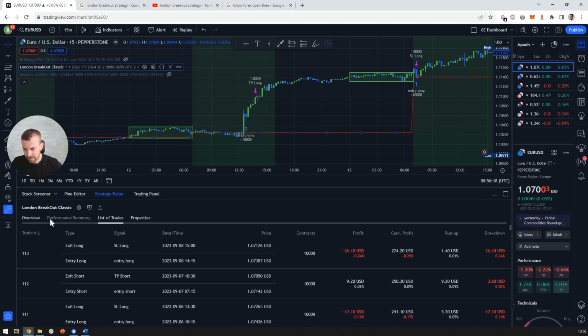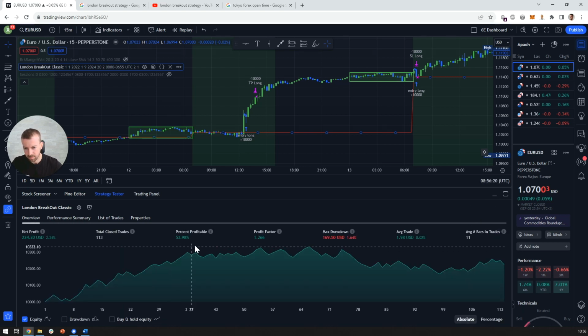During that time, we had a success rate of almost 54%, profit factor of almost 1.3. And we made a net profit in pips. This is important, guys. TradingView, I don't know why, but if you check Forex markets, it does not show you the result in dollars. It shows you the result in pips.